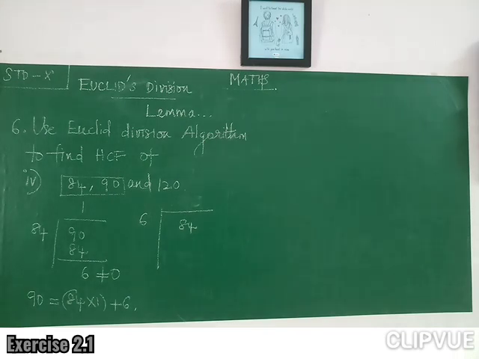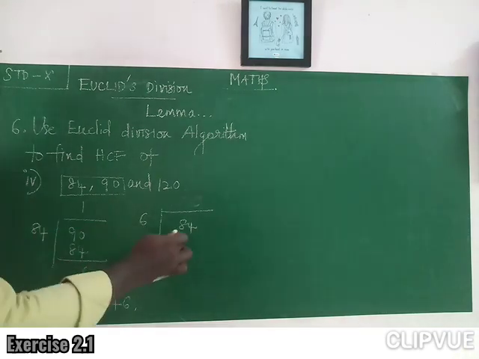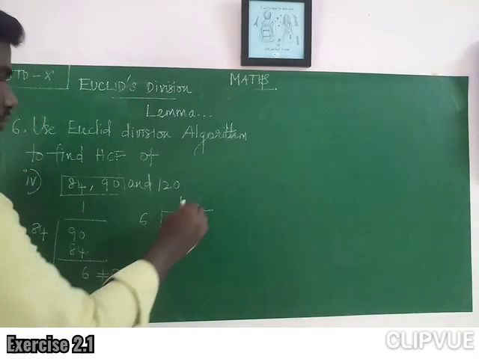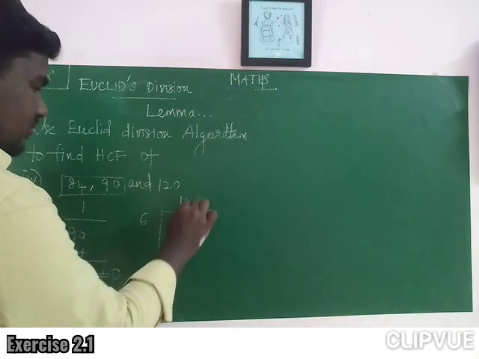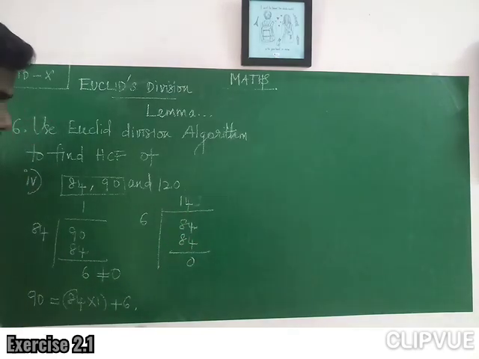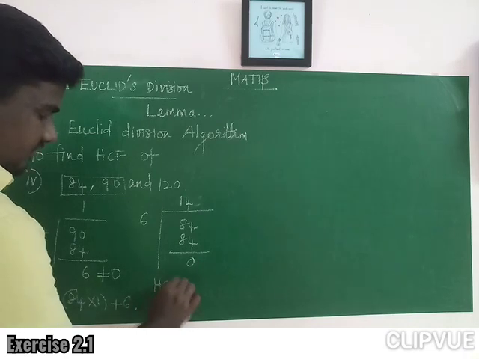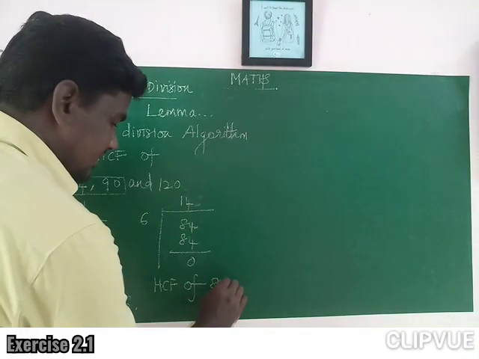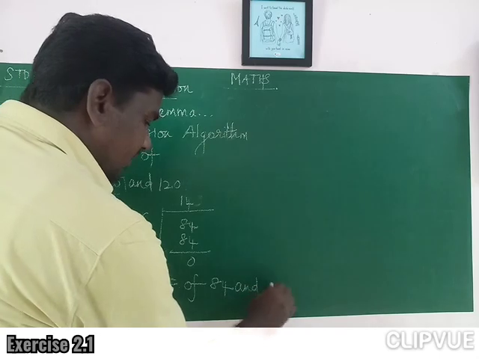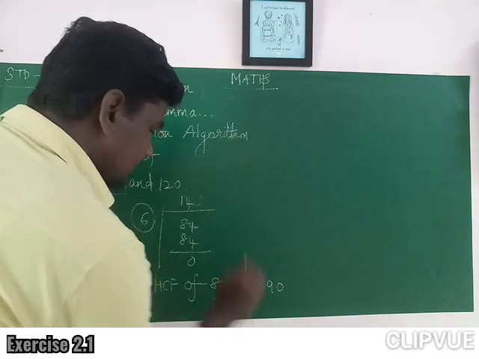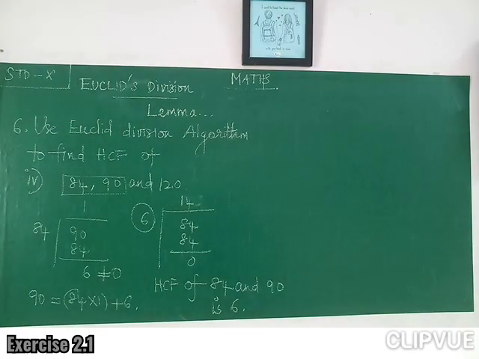This 6 can divide the number 84, 14 times. So it leaves the remainder 0. So HCF of 84 and 90 is 6.